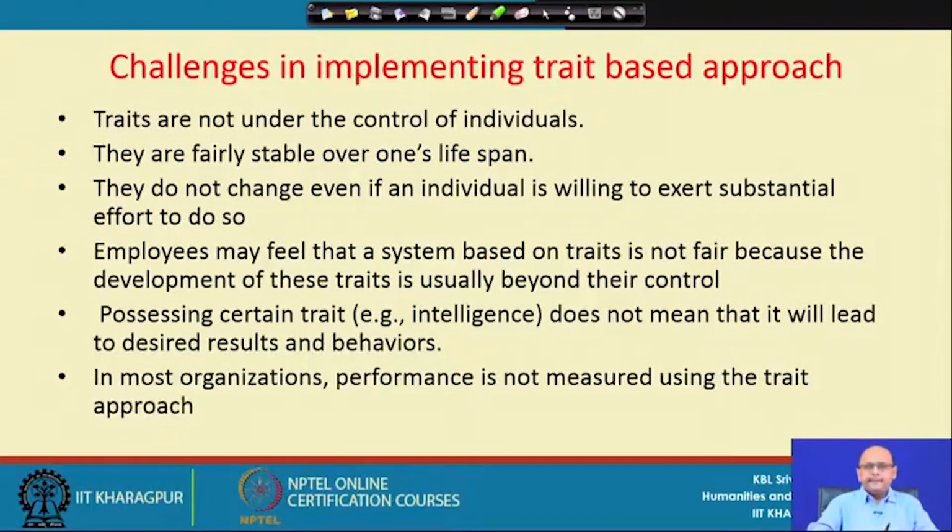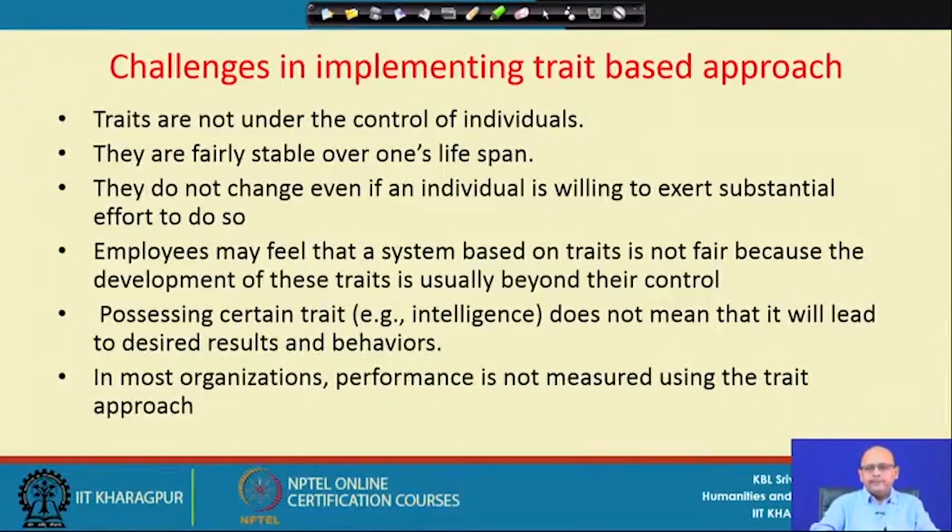And even these traits are not stable, relatively stable you can say, because you know that your personality also changes over a period of time, but for a long span it could be stable, because if you are going to show consistent personality characteristics over a long period of time, then it becomes a trait. Okay.